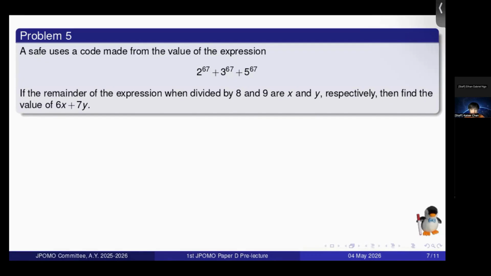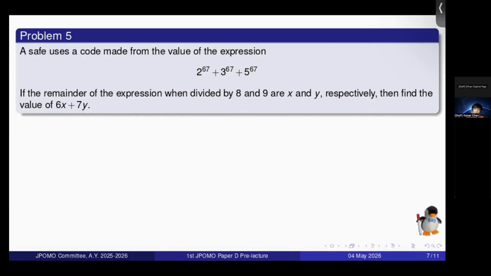So let's first try to get the remainder when divided by 8. So this is mod 8. Firstly, note that the first term there is 2 to the 67.